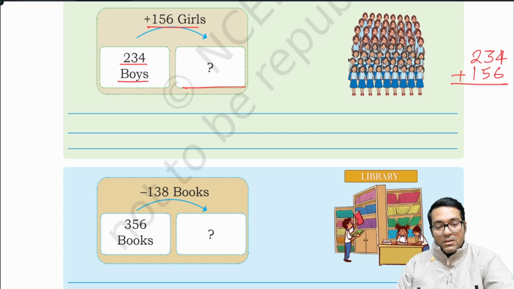Ones added to ones, tens to tens, and hundreds to hundreds. 4 and 6 is equal to 10. So 0 is written here and 1 is carried over. 3 and 1 is 4, 4 and 5 is 9, 2 and 1 is 3. The answer is 390.